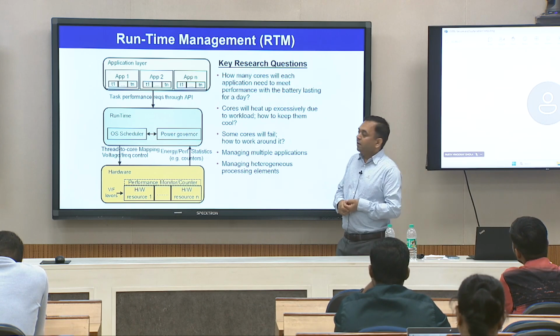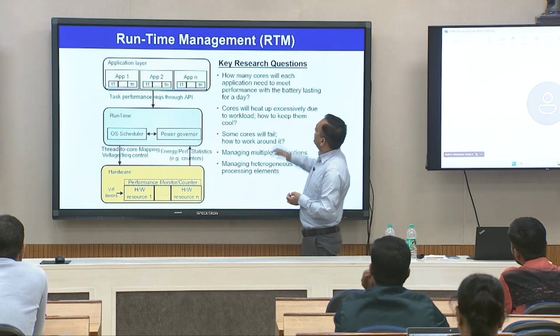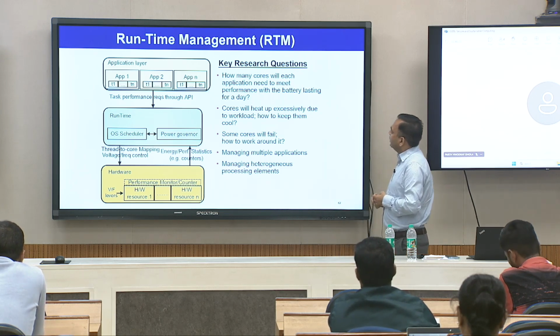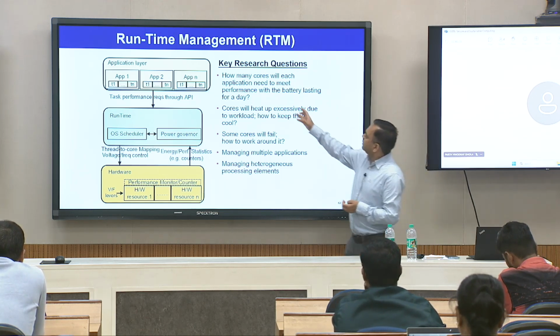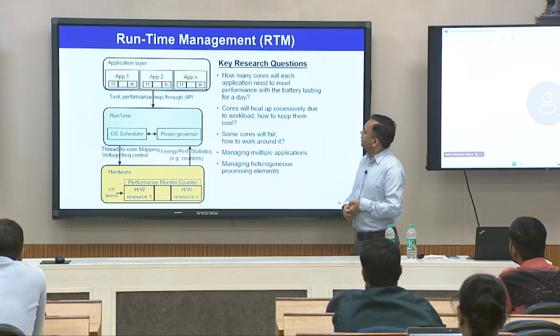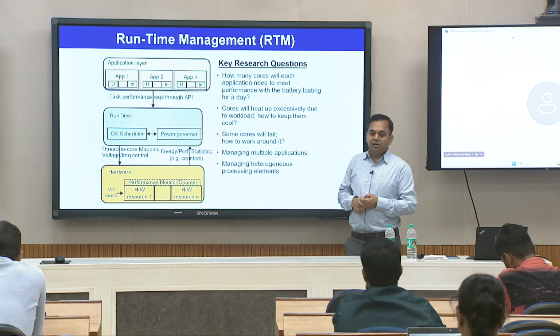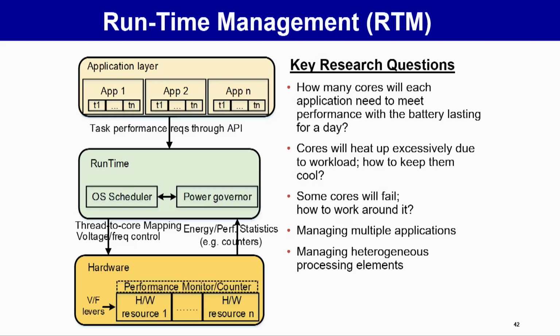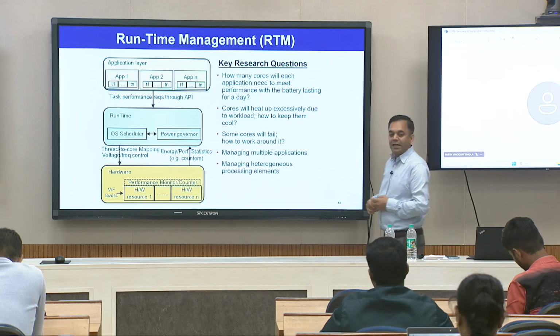Coming to the sustainability point of view, there are many cores that the application may need, right? But if lots of applications are running, it's difficult to find out which to allocate to which one. And here some cores may heat up excessively.